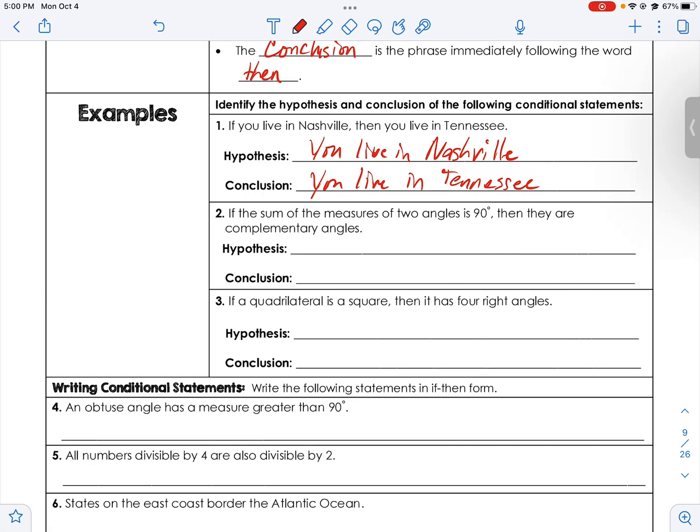Never really noticed that. If the sum of the measures of two angles is 90 degrees, then they are complementary.